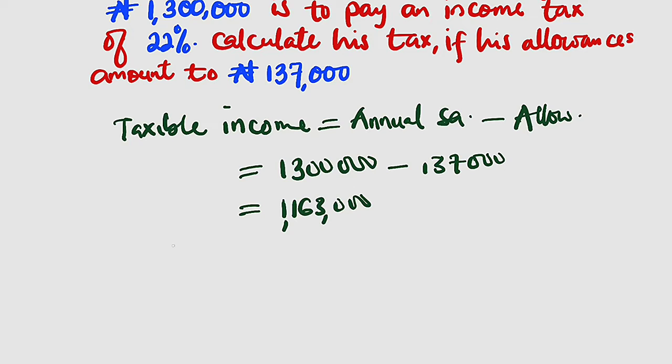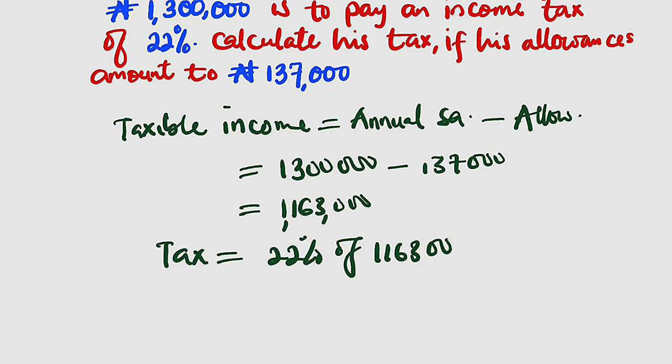So to find the tax paid, tax will be equal to 22% according to the question of this amount, 1,163,000. This will be 22 divided by 100 multiplied by 1,163,000.